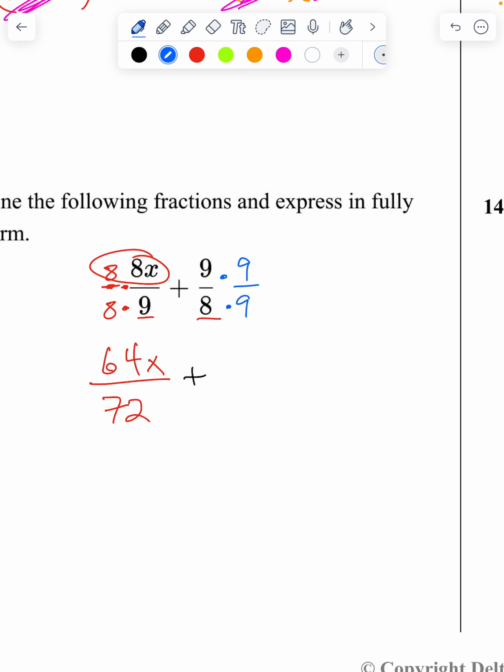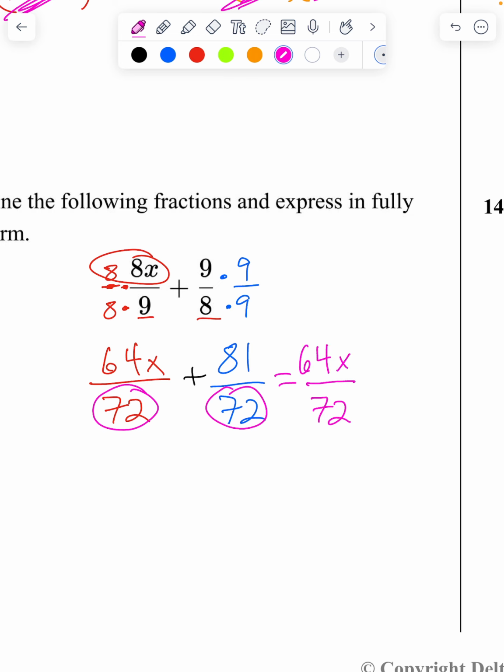So 9 times 9 is 81, and 8 times 9 is 72. So now you notice they both have common denominator, so I copy the denominator, and then the top will just be 64x plus 81. And this should be my final answer.